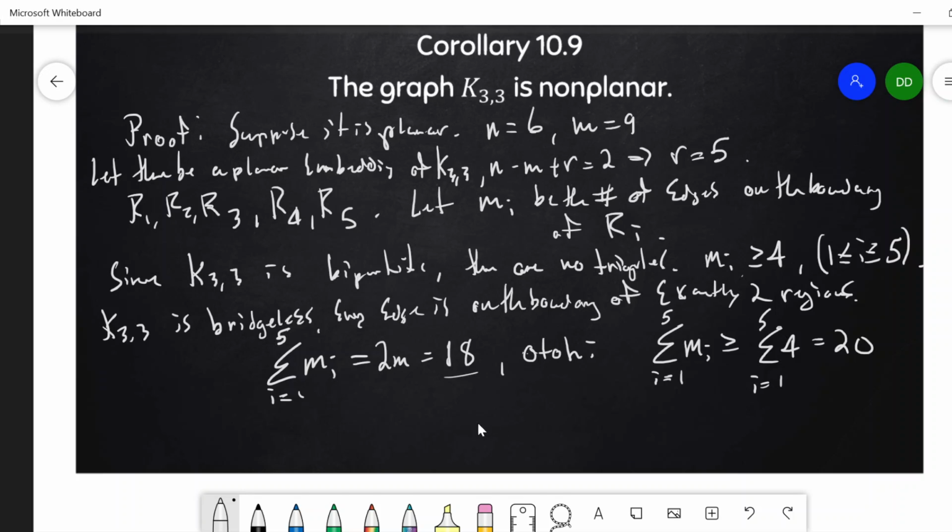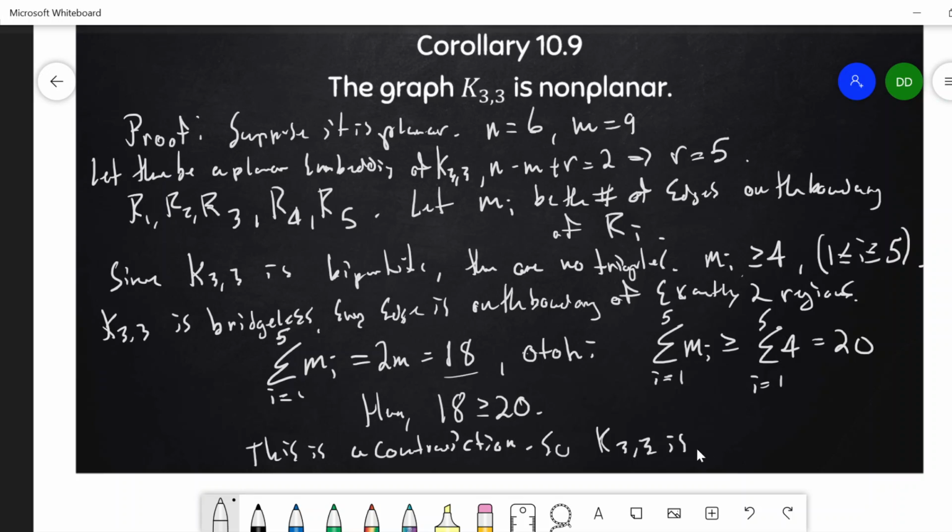I have that 18 is greater than or equal to 20. And that's a contradiction. So if K33 was planar, all of this would follow, and we'd end up with 18 greater than or equal to 20. And so that's false. So K33 is non-planar. There's no way to draw K33 in the plane without any 2 edges crossing.